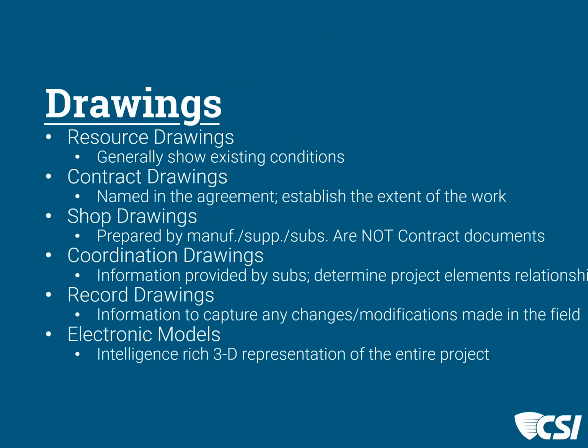They're coordination drawings. In North Carolina, those are required on state-owned property and are one of the most difficult things to obtain. They're information that's provided by the subcontractors, and they determine relationship of project elements and who goes first and who goes second.